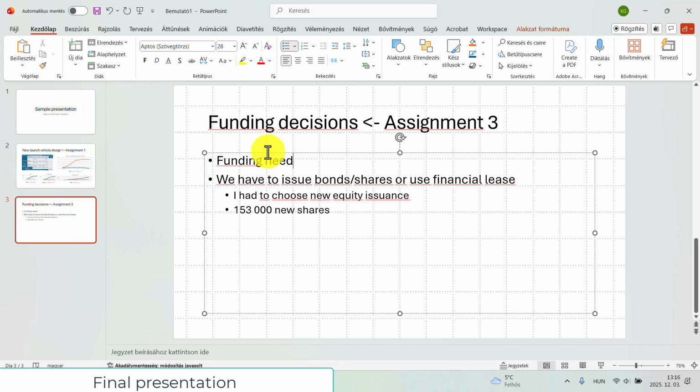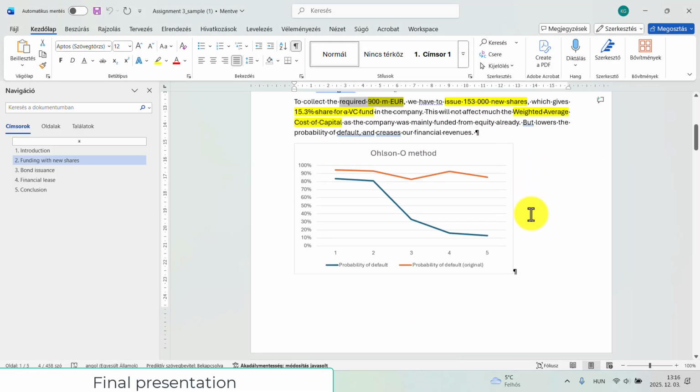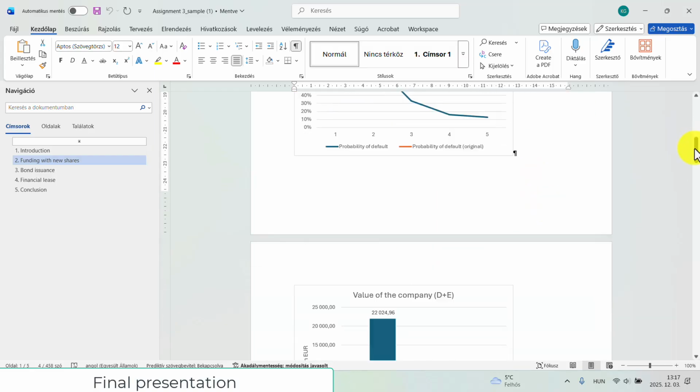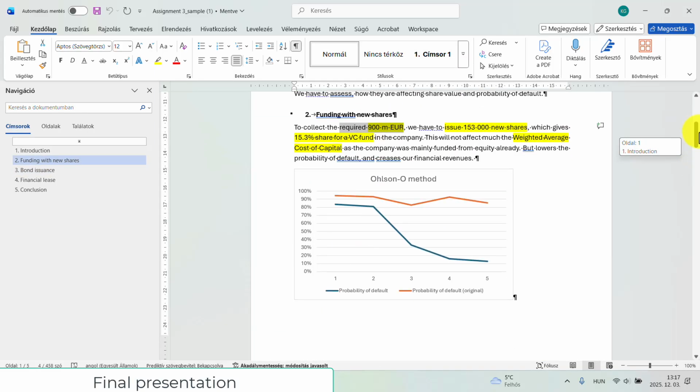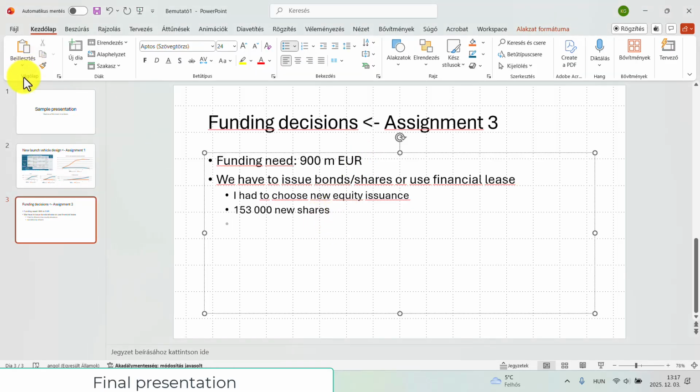What we need. Obviously, this number can be completely different, and still we have to talk about weighted average cost of capital instead of the earlier one.